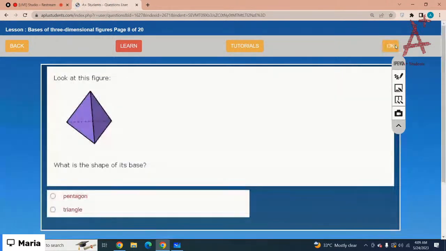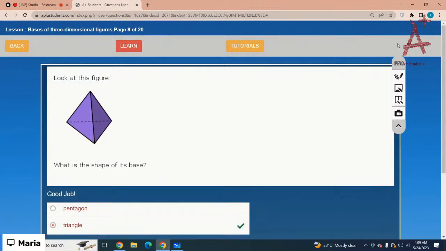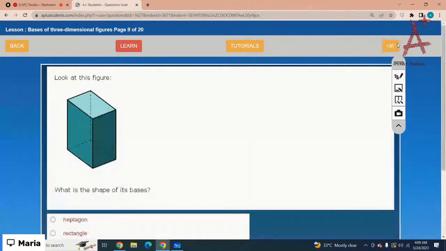Okay, look at this figure. What is the shape of its base? Triangle it is. Look at this figure. What is the shape of its base? That would be rectangle.